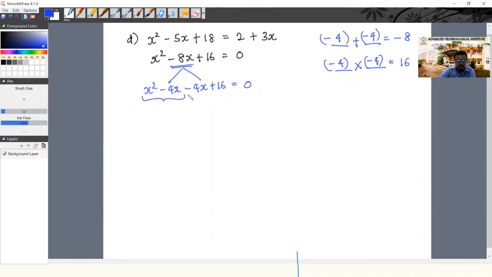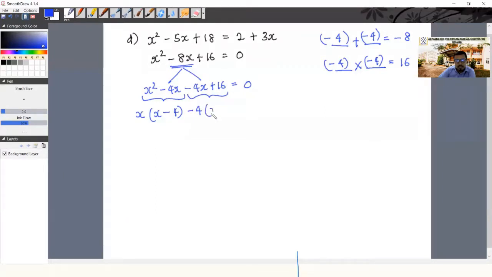Here, then we need to couple them. In the first couple, what is the common factor? That is x. Take it outside. Within the brackets, it should be x minus 4. Here, minus 4. Right? Minus 4.